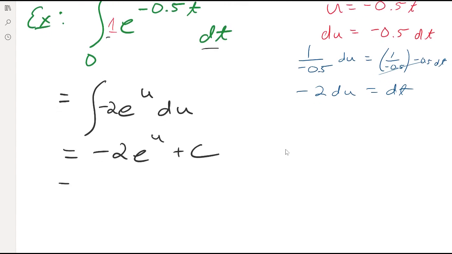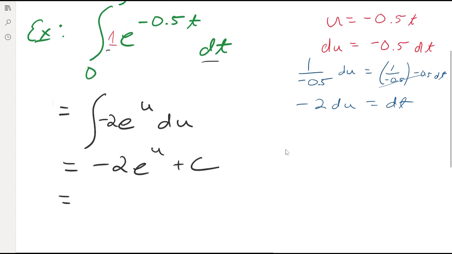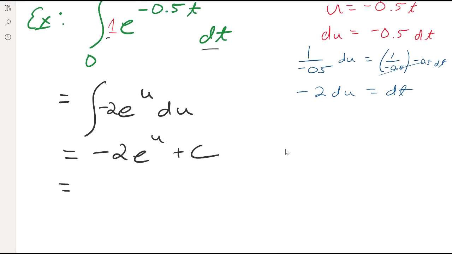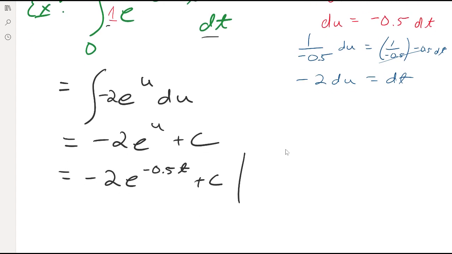And now let's bring back u in terms of t. So u was negative 0.5 t. So this is negative 2 e to the negative 0.5 t plus c. And we're going to evaluate this from, now we can bring back our t bounds. Our t went from 0 to 3.